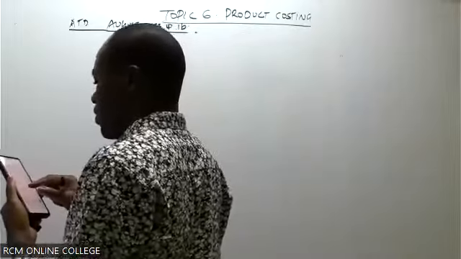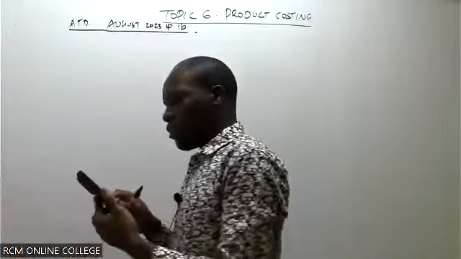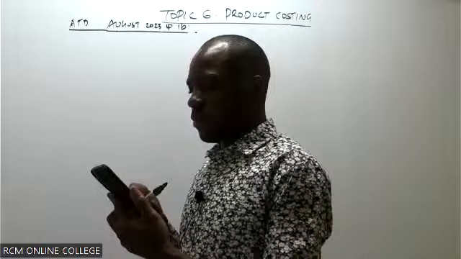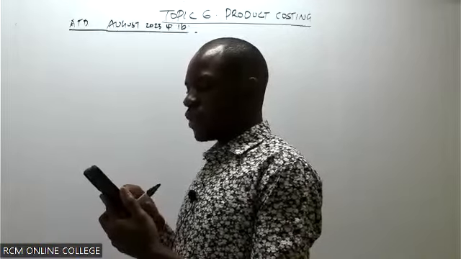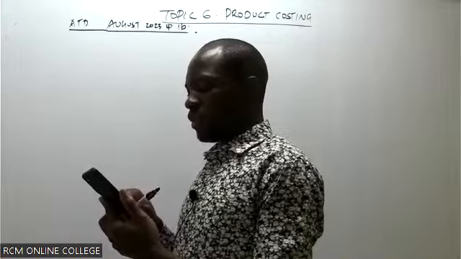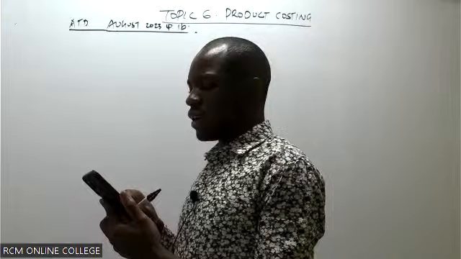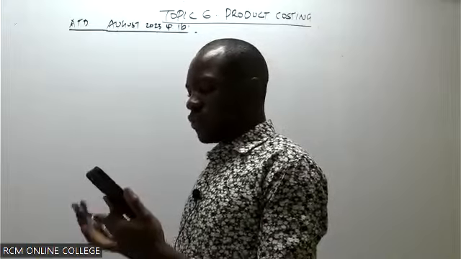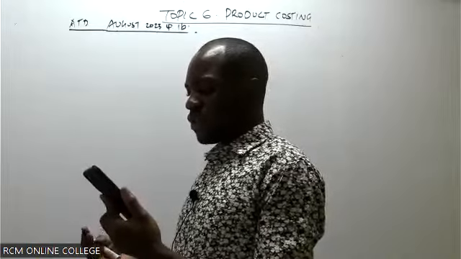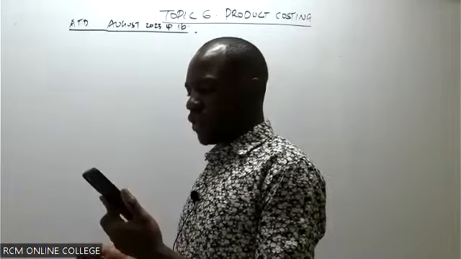So let's see. We are told that a product is manufactured by passing it through 3 processes, namely process 1, 2, and 3, respectively. For the first week of July 2023, the actual data included the following. So you have process, normal loss of output, scrap value per unit, output in units.